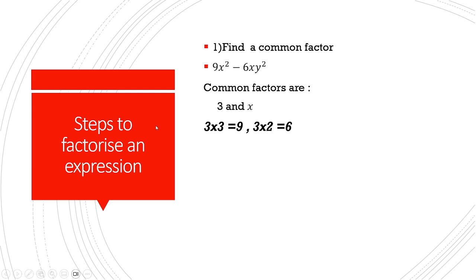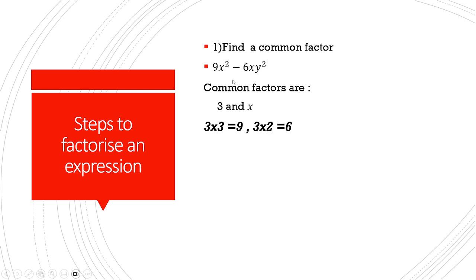This is the procedure I used. 3 multiplied by 3 is equal to 9, and 3 multiplied by 2 is equal to 6. So when things are equal, you can substitute in the place of 9 this product, because it's a multiplication, and as I said previously, in the place of 6 you can put this product, because it involves the multiplication of these numbers.